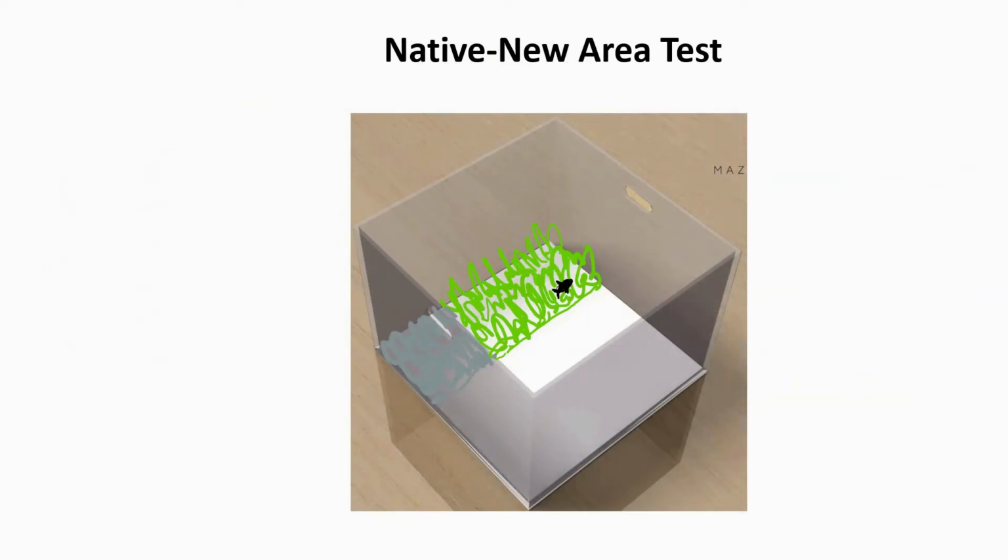Now the next test in this series is the native and new area test. For this test you can buy a chamber and create two different places in the same chamber. If you want, you can keep it the way I have presented it here. For example, you can keep the pebbles and the plants on one side of the tub, and the other side can be left vacant.